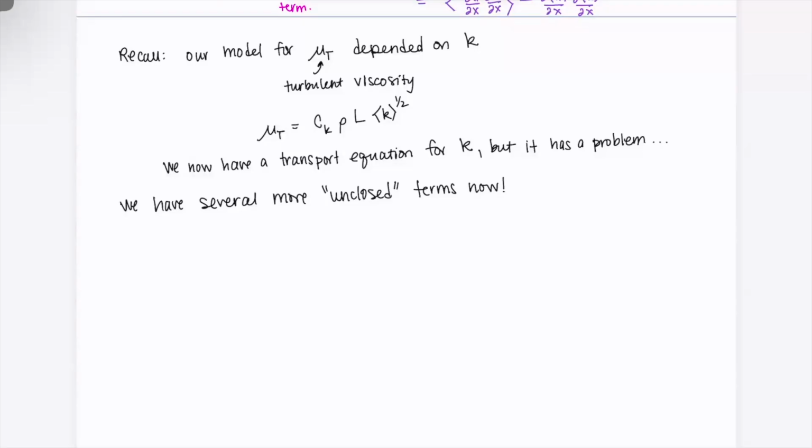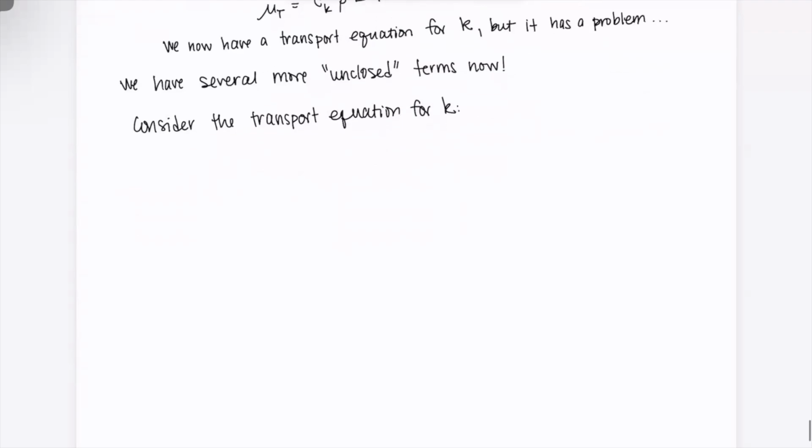Yeah. So if we consider our transport equation, now anything that is in terms of our quantities of interest, so anything that's in terms of a mean velocity, a mean pressure, and now K, that's fine.